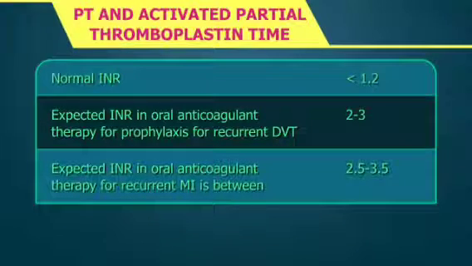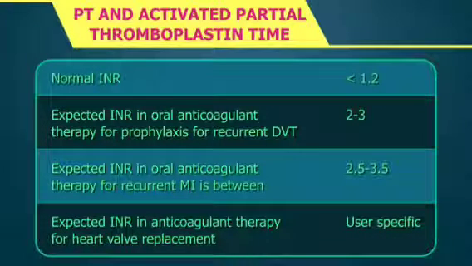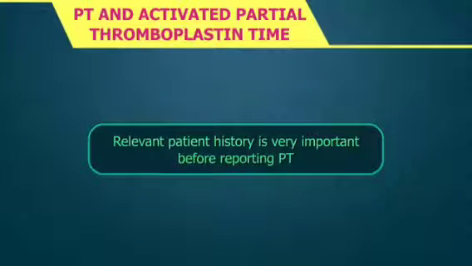Expected INR for recurrent MI is between 2.5 to 3.5. Expected INR in anticoagulant therapy for heart valve replacement is user-specific. Thus, relevant patient history is very important before reporting the PT.